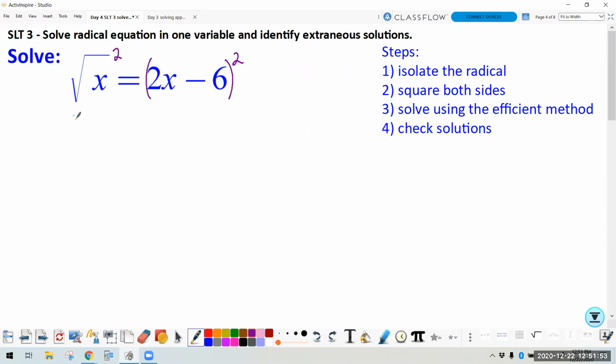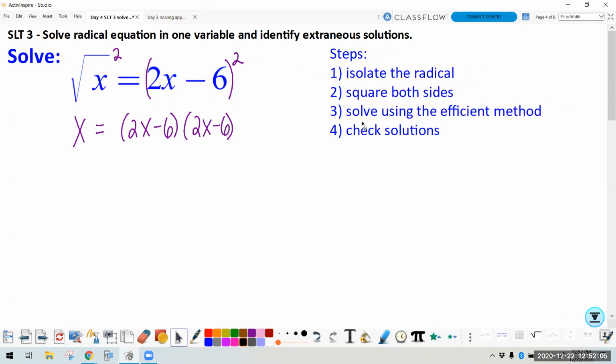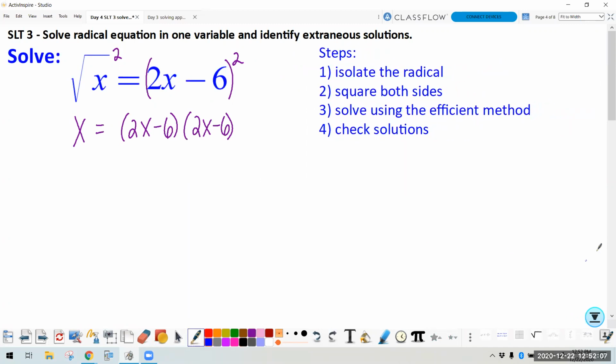So square root squared is x. But when you have a binomial squared, that means multiply the term by itself. I don't want you to go to math jail. Here's what I mean by that. If you do 2x minus 6 squared and just individually square those terms, that's not correct.